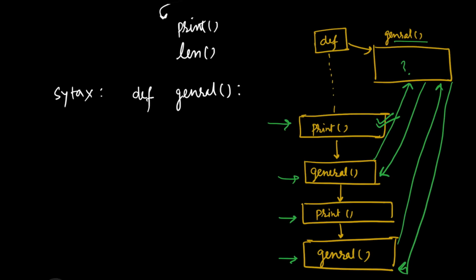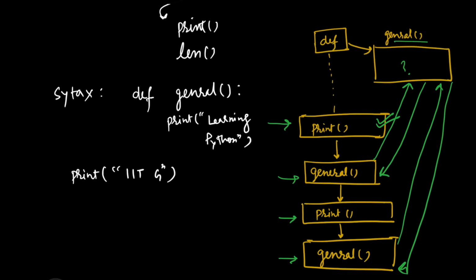So for example, I define a function to print learning Python. This is the function definition, and after that we write code to print IITG, and then I'm calling general. I'm just imitating the example I showed in the flowchart.